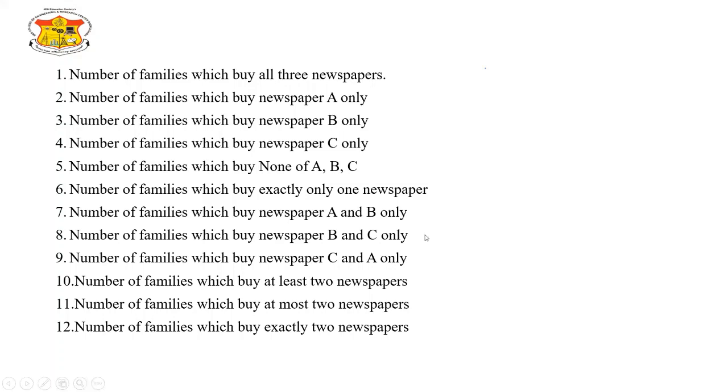We solve this question by using a Venn diagram. So what is a Venn diagram? A Venn diagram is a pictorial representation of sets. Whatever different sets are involved in a given example, the pictorial representation of those sets is nothing but your Venn diagram.